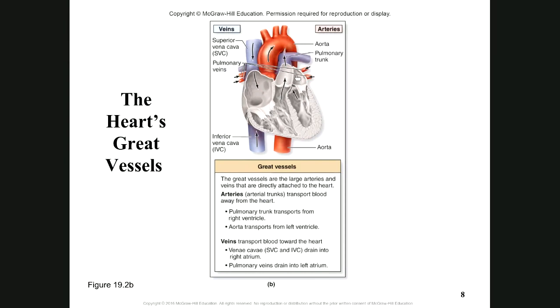And in the right side of our heart, all the blood vessels which work with the right side of our heart are blue in their color, whether arteries or veins, because they carry deoxygenated blood. Here you can see the opening of pulmonary vein, pulmonary artery.